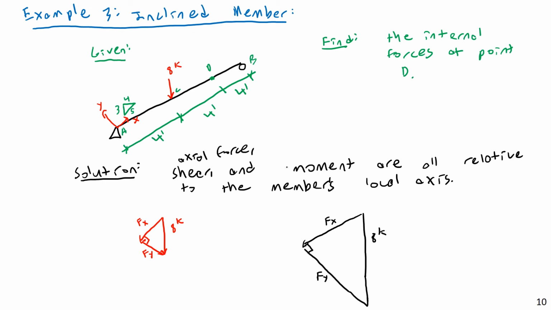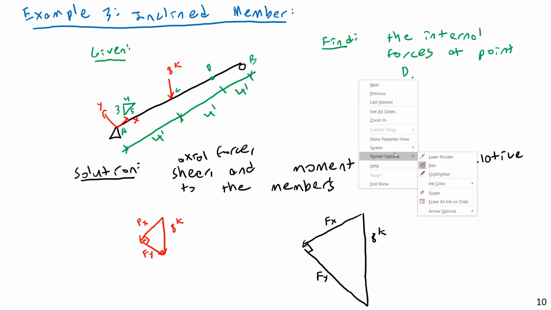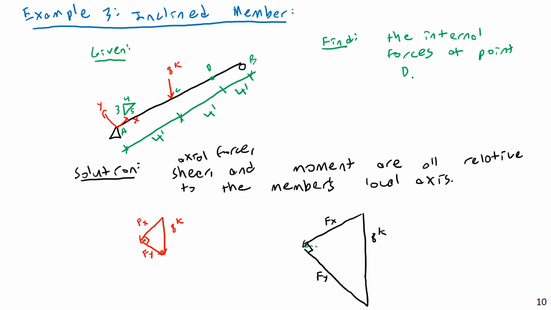Now, I know that this Fx off the horizontal is a 3-4-5, so a ratio of 3 to 4 to 5. How does that help us? I usually think in terms of angles a little bit better.